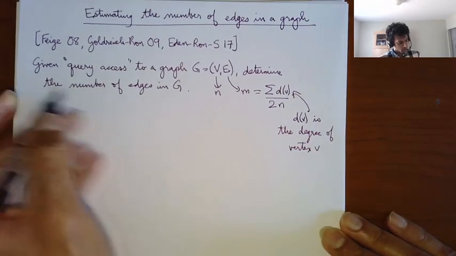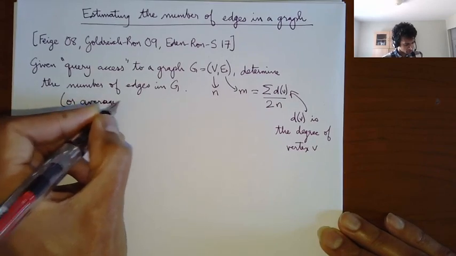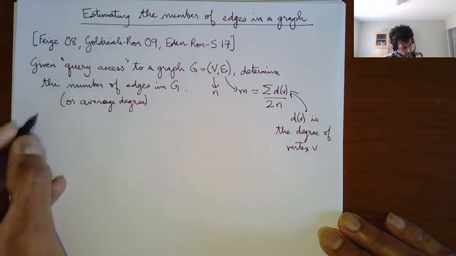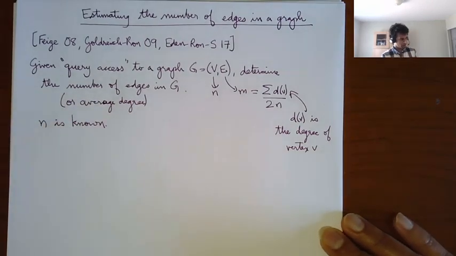So this is number of edges or average degree. I'll say n is known. So you know the number of vertices in the graph.